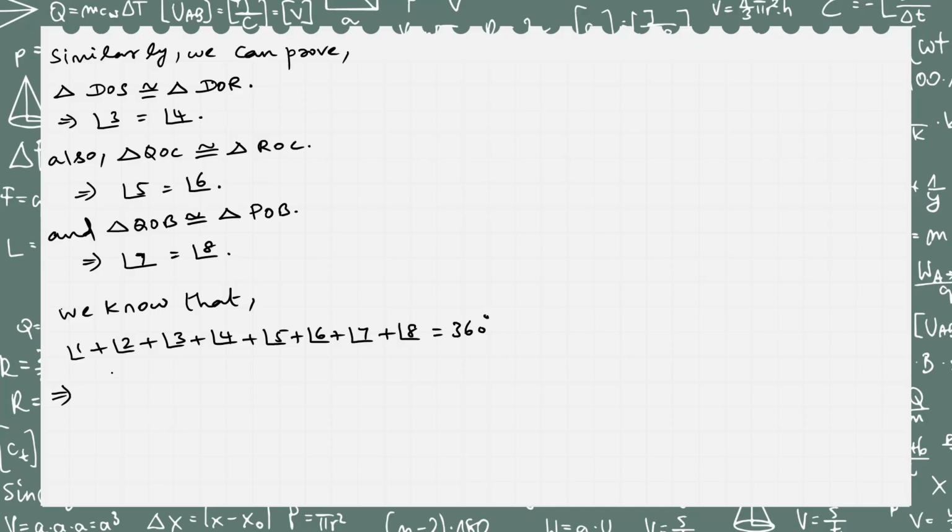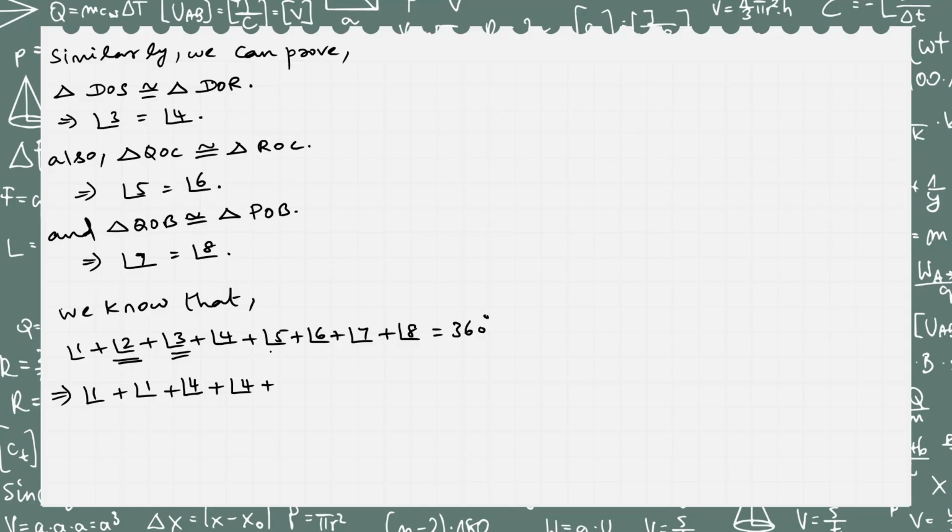And now what we are going to do is, we are going to keep angle 1, but this angle 2 we are going to replace with angle 1 because we already have proved that angle 1 and angle 2 are same. So we can replace 2 with 1, doesn't matter, right? Same way, we are going to keep angle 4 as it is, but angle 3 is equal to angle 4, right? So we can change angle 3 with angle 4, doesn't matter.